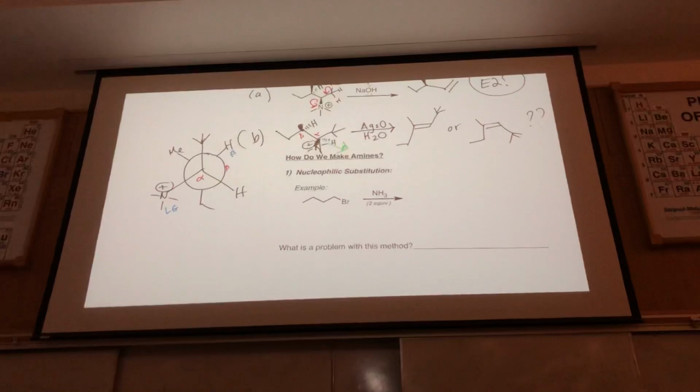So this is when you feel like you struck a little bit of gold solving the problem, because you didn't have to rotate, they're already anti, right? So I'll circle that. So beta H, anti to leaving group. So this is really good review for E2. Remember, they don't happen if you don't have that conformation possible.